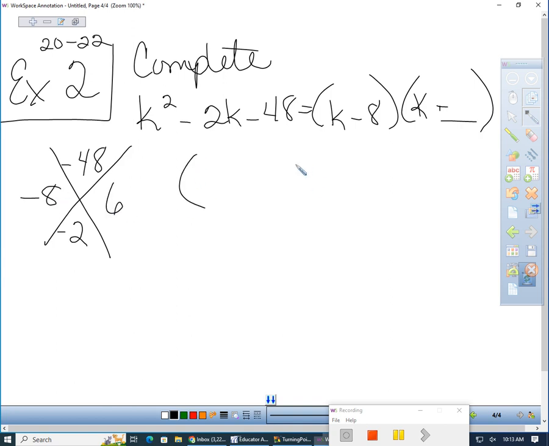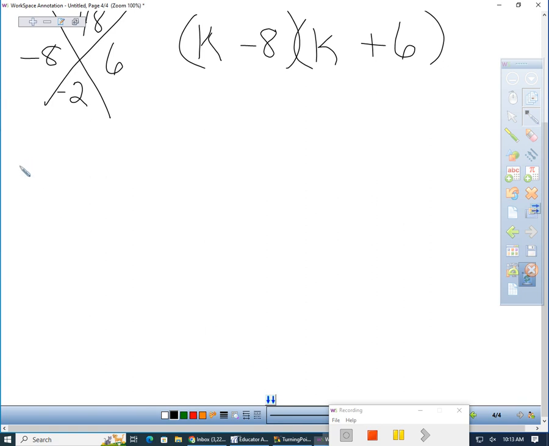So I draw my parentheses. I have k is what we're using this time. This side of my x is negative 8. This side of my x is positive 6. And 6 is the fill in the blank. So you don't really have to worry about filling the blank. It's just kind of there to give you a little hint as to what would help fill it in. Okay, example number 3.